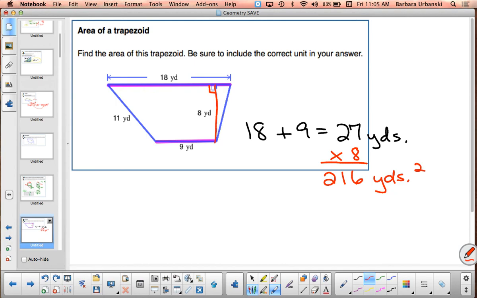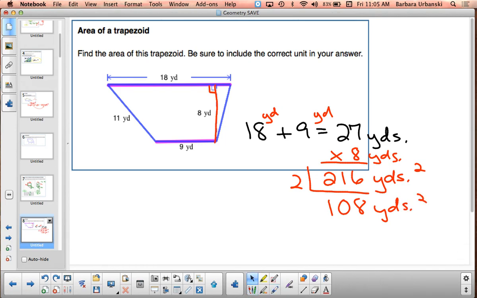The sum is not to the second power because we are just adding linear measures. This is just yards and yards. But now in this case, it's going to be 27 yards by 8 yards, and we are going to get 216 yards squared. What we need to do with the trapezoid, we will divide this by 2. So we're going to divide that product by 2, and we would end up with 108 yards squared. And that would be your answer.